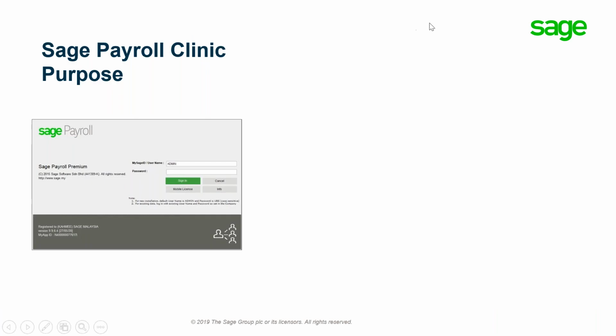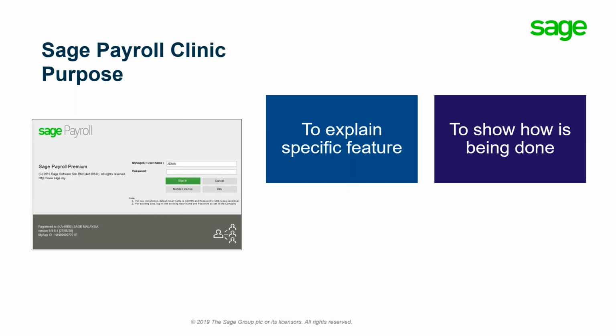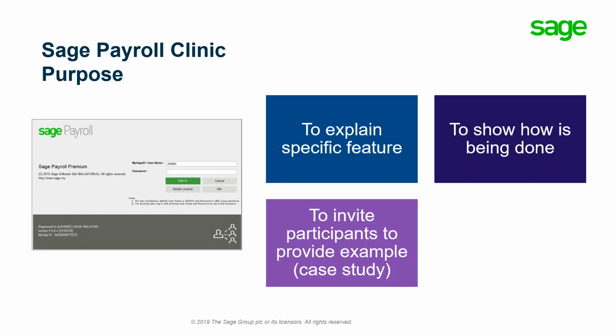So the purpose of this Sage Payroll Clinic that we have just started is really to provide you some assistance. First, we're going to explain a specific feature and show you how it's done step by step, and to invite you participants, if you have an example or question related, can you do this, can you show me this, this is the time you can ask. If you have Sage Payroll with you in the background and you want to try it yourself, feel free to do so as well.